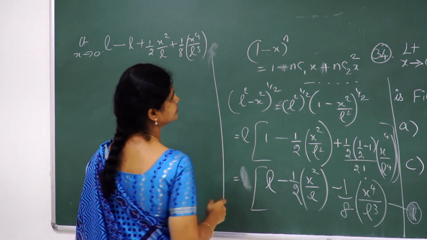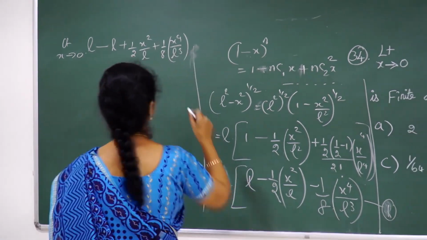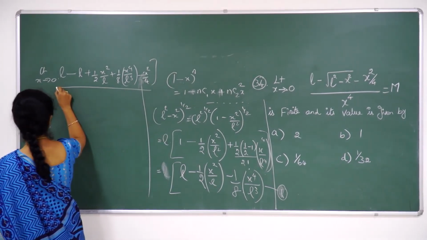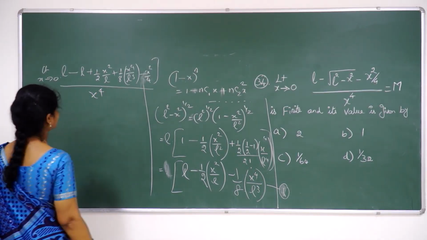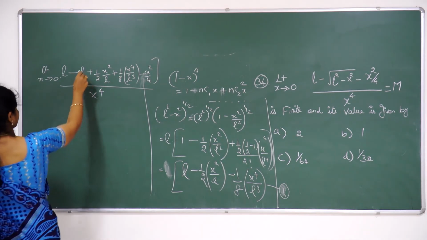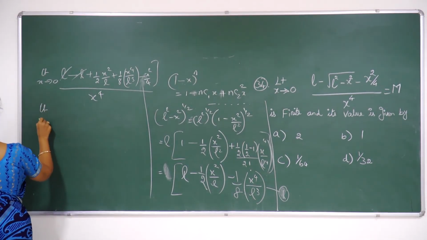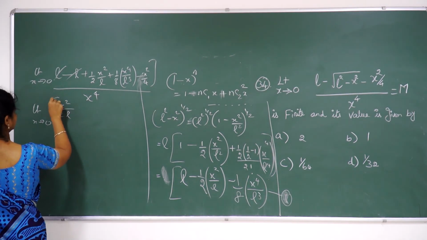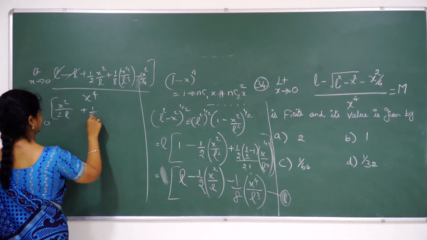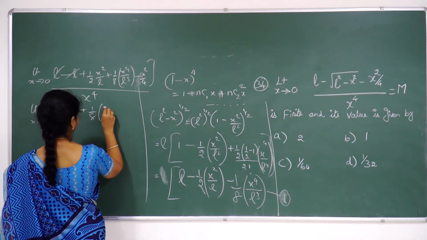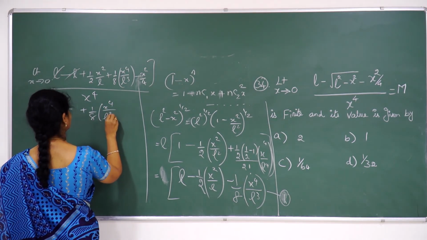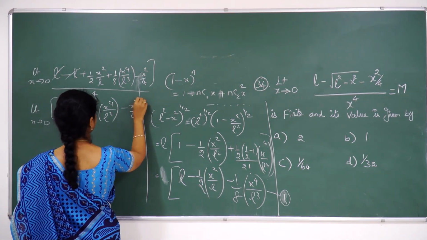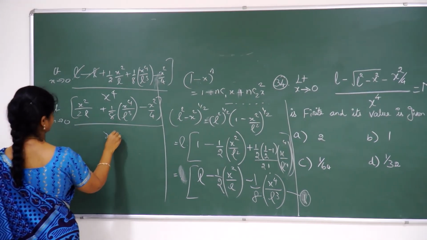Next the remaining term, minus x square by 4, the whole expression divided by x power 4. This L gets cancelled. So the limit as x tends to 0 of x square by 2L plus 1 by 8 x power 4 by L cube minus x square by 4, all divided by x power 4.